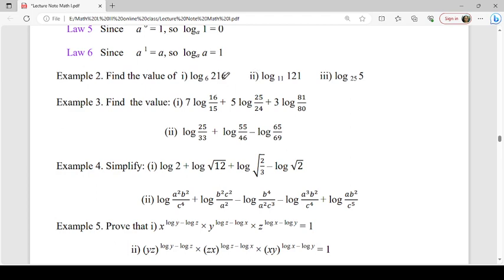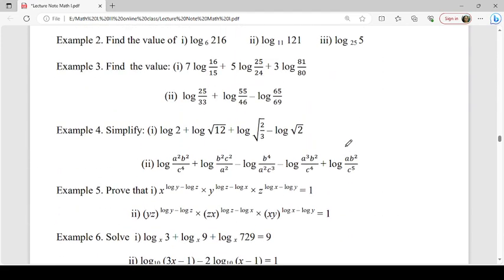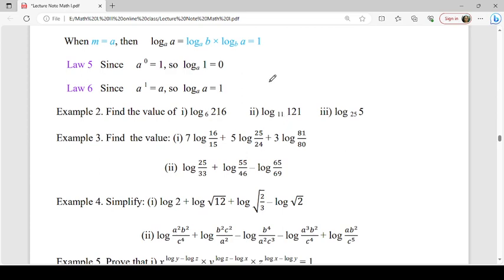So this 216, we write it as a power of 6, so that we can apply the formula log of 6 to the base 6. Here the base is 6, and 216 is 6 cube, so 3 will be taken here, then log of a to the base a.